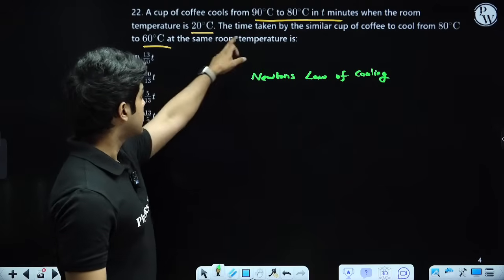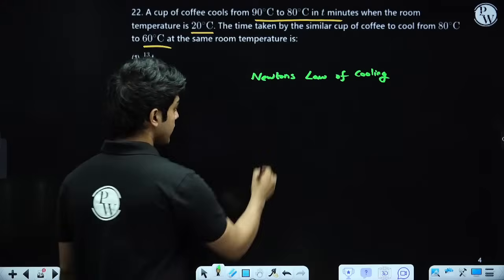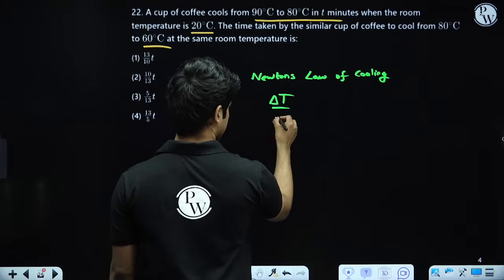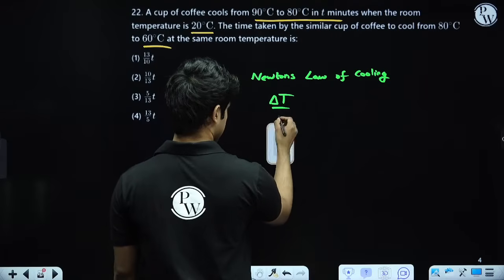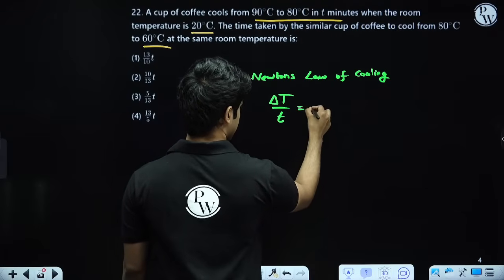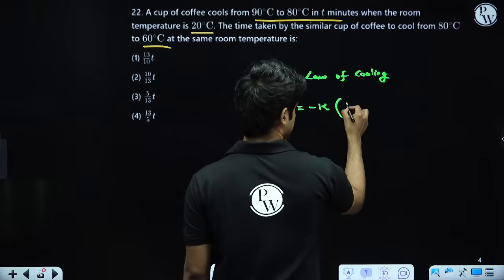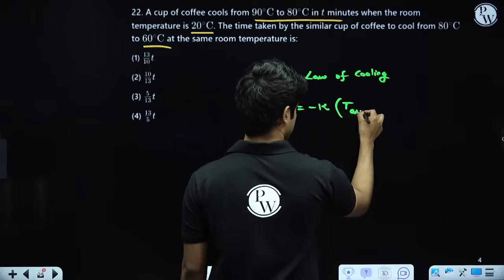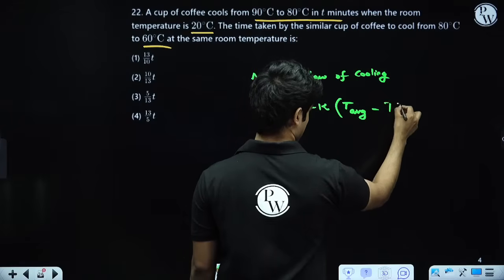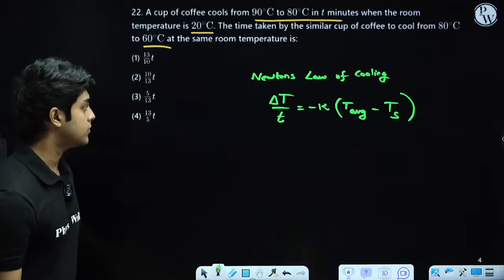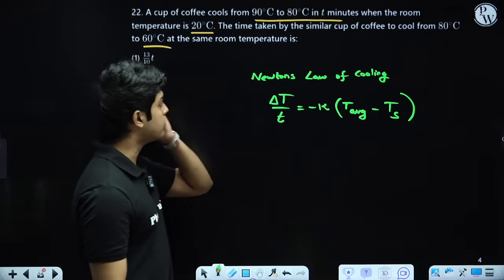The formula is delta T divided by delta t, or let's just call it T, equals minus K times T average minus T surroundings. This is the average form of Newton's law of cooling.